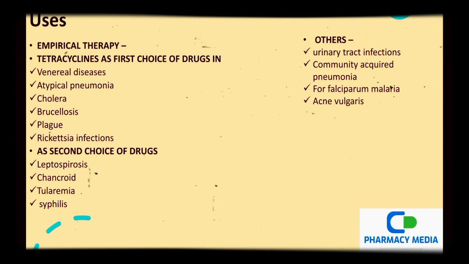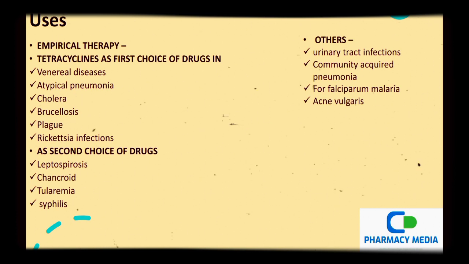In the case of atypical pneumonia caused by Mycoplasma pneumoniae, generally with tetracyclines taken for 2 weeks, it is cured. In cholera, tetracyclines have an adjuvant value by reducing the stool volume. In brucellosis, it is highly efficacious and causes rapid symptomatic relief.